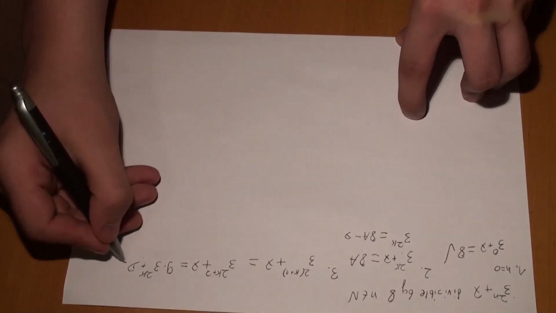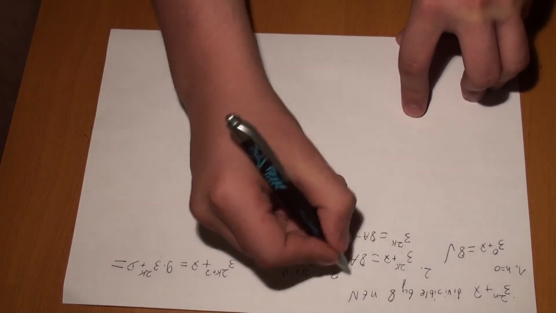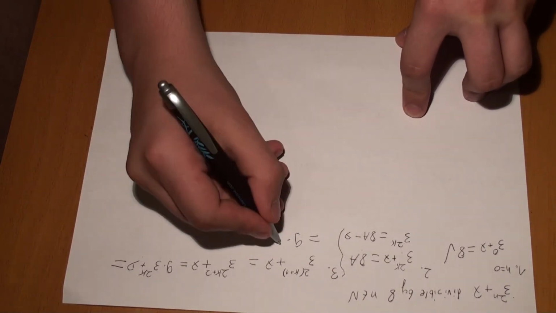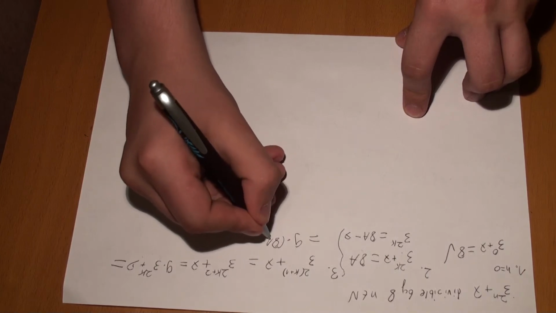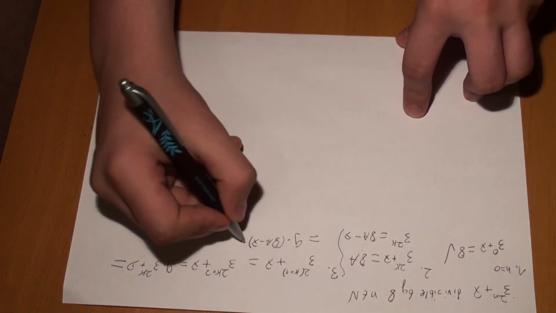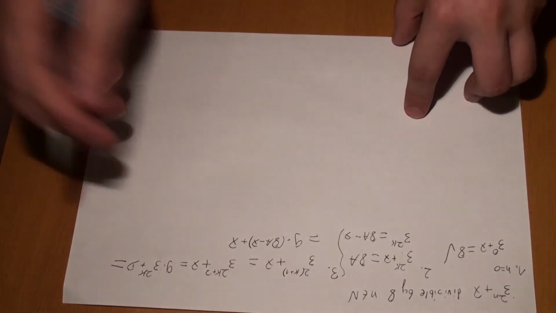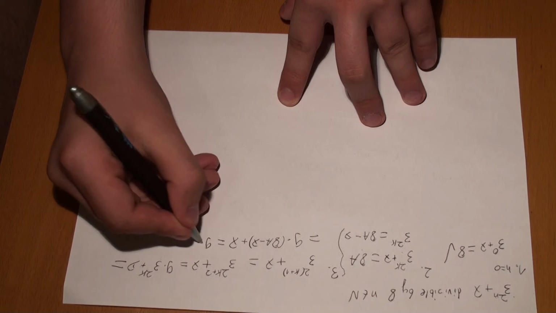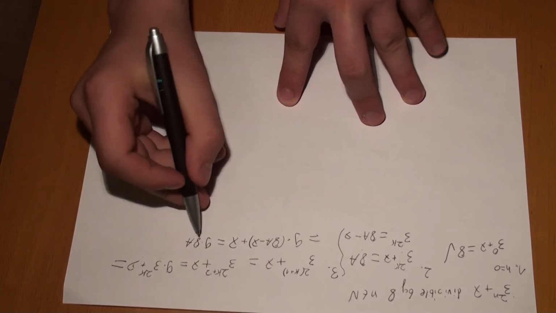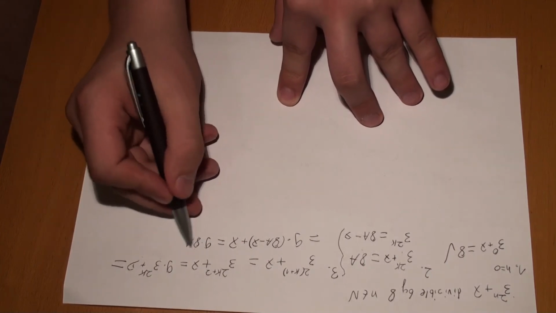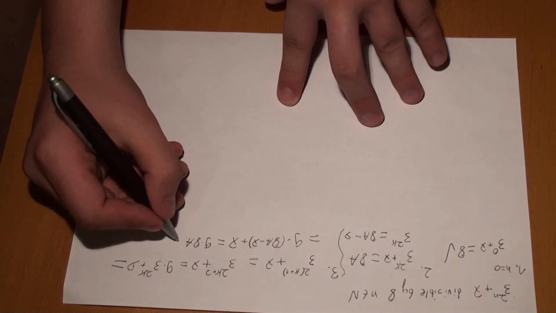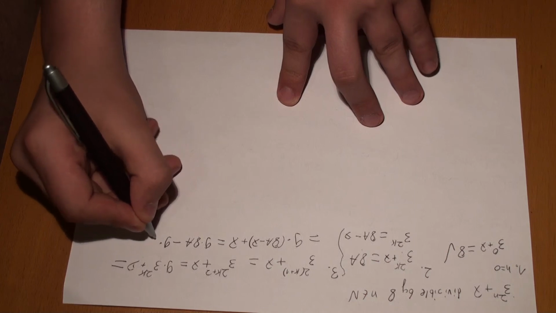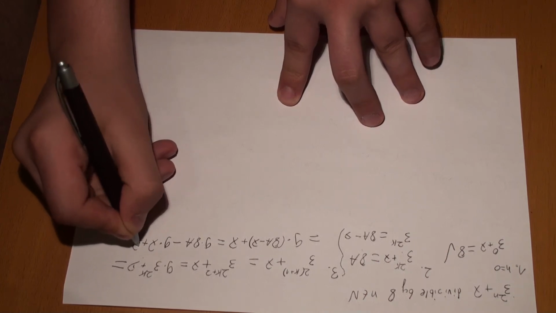It's gonna be 9 times 8a minus 7, plus 7. Okay? So it's basically 9 times 8a, which is obviously divisible by 8 because there is 8 here, and minus 9 times 7 plus 7.